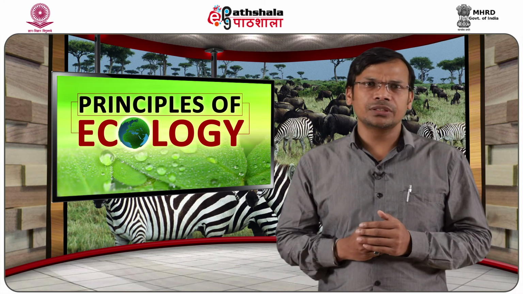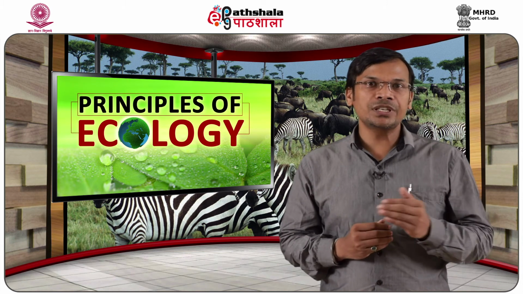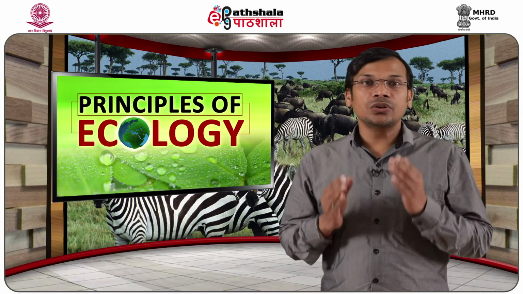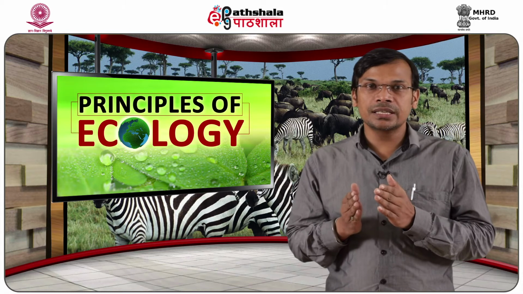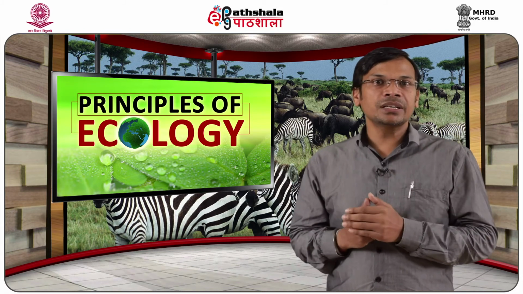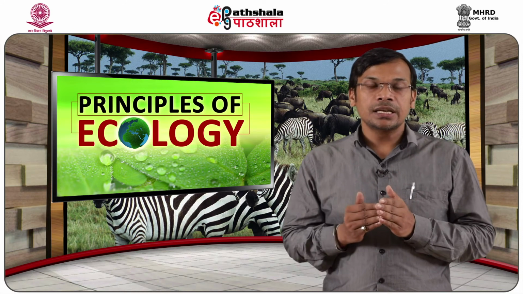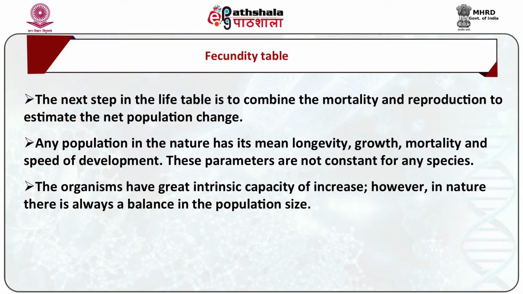Due to fluctuation in environment such as winter and summer, the population cannot grow continuously. The population increases in favorable conditions and decreases if the conditions become unfavorable. The organisms have great intrinsic capacity of increase.